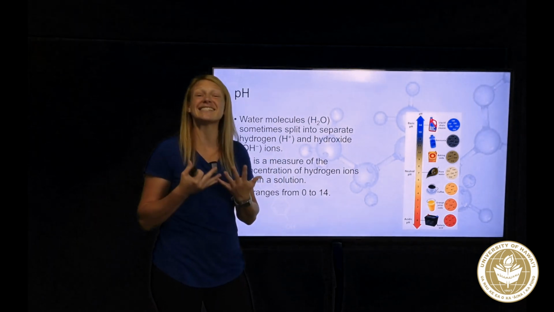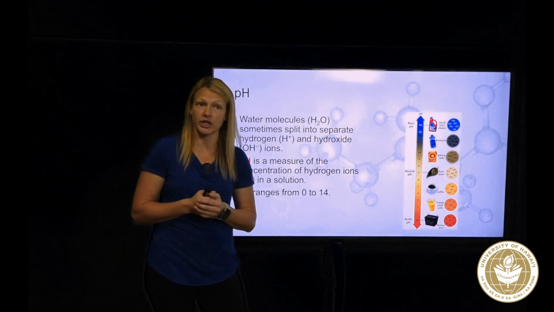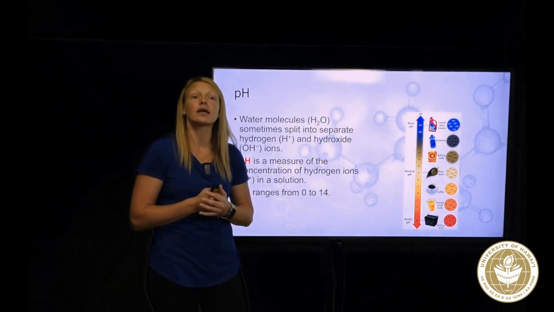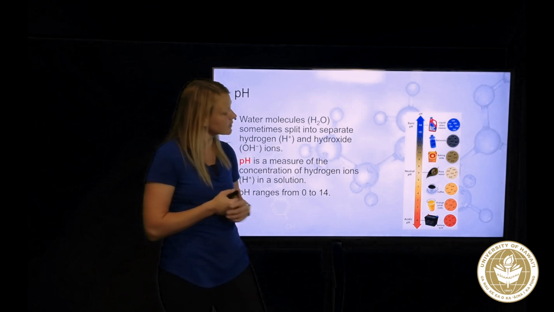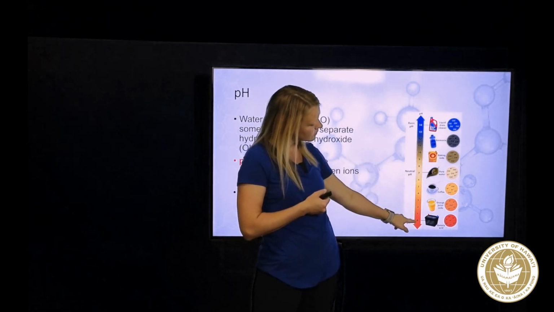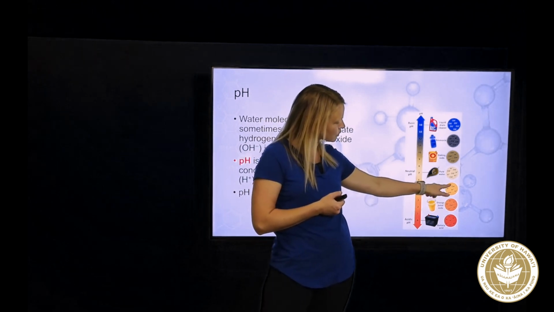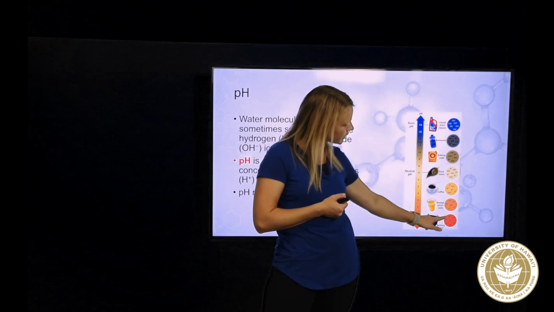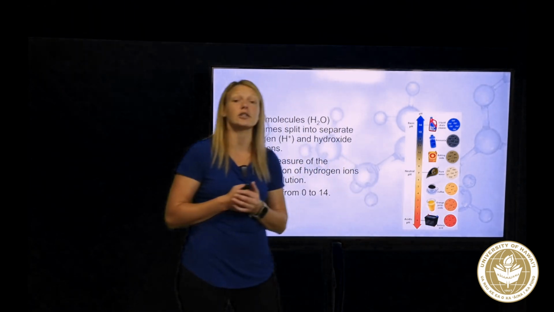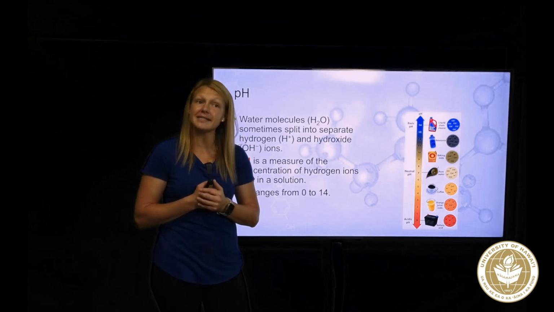If something is acidic, or an acid, that means it has a higher concentration of hydrogen ions compared to hydroxyl ions, and it is going to be below 7, all the way down to 0. So it's going to have an acidic pH. You can see in each one of these examples, there are more hydrogen ions than hydroxyl ions. On the other hand, we have our bases.